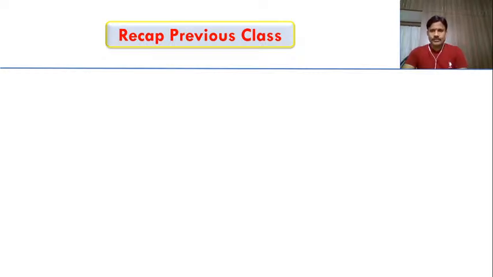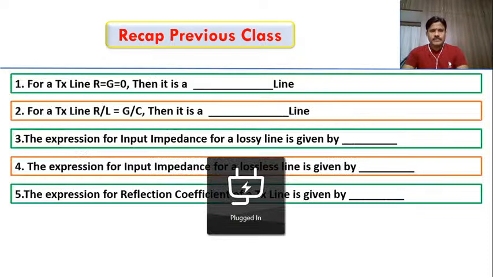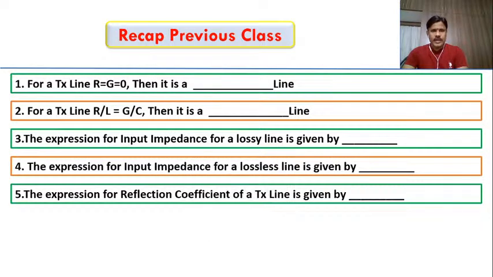Quickly we will see what we have seen in the previous class in the form of 5 quiz questions. First we will see what those 5 questions are. First one: for a transmission line R equals G equals 0, then it is a dash line. Second one: for a transmission line R by L equals G by C, then it is a dash line.